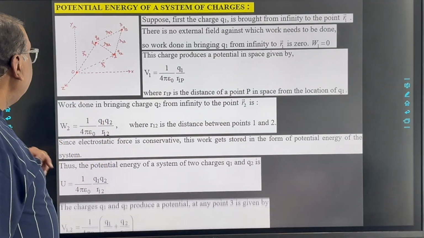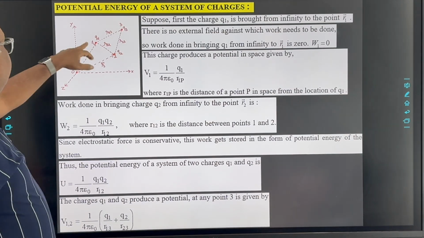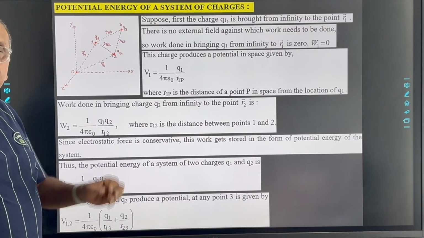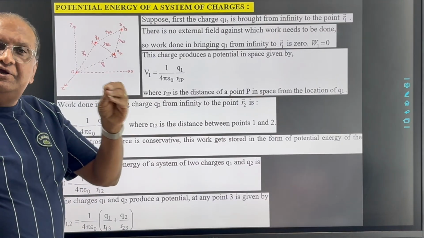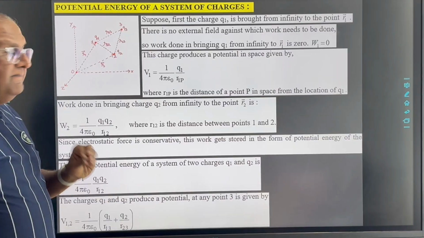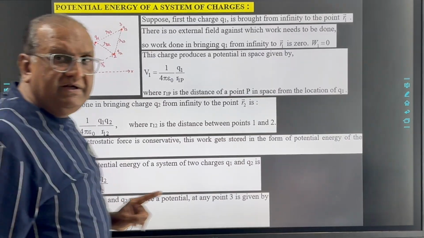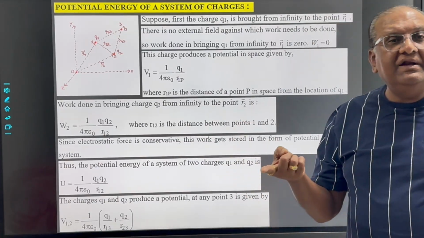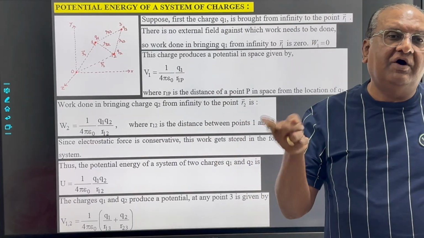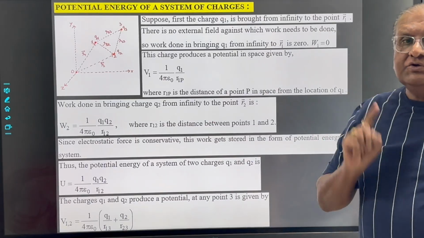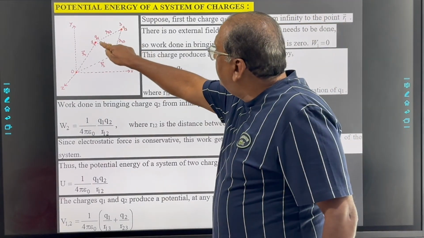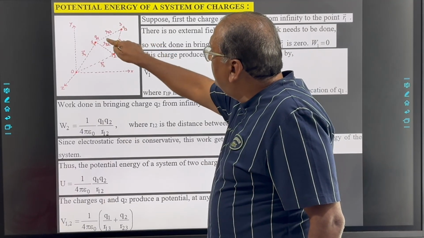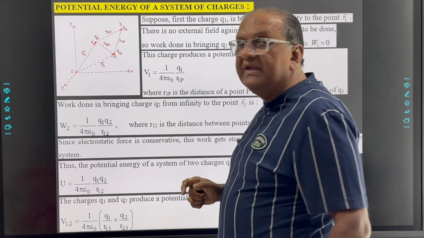Now suppose if we think about any third point where we want to place charge Q3, then at that particular point there will be the potential of charge Q1 as well as the potential of charge Q2. So the potential of Q1 at point 3 is 1 upon 4 pi epsilon 0 Q1 upon R13.